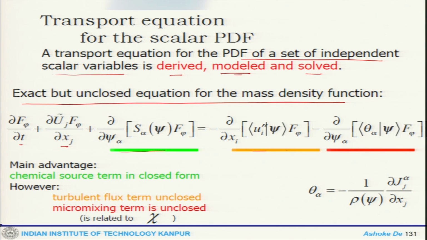Here, one of the advantages of this equation is that the chemical source term is in closed form. This is one of the biggest advantages.